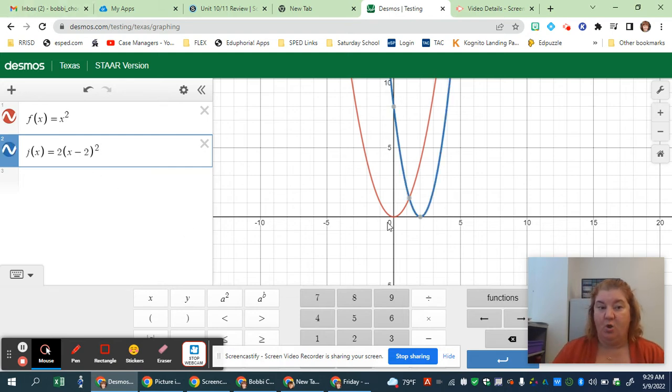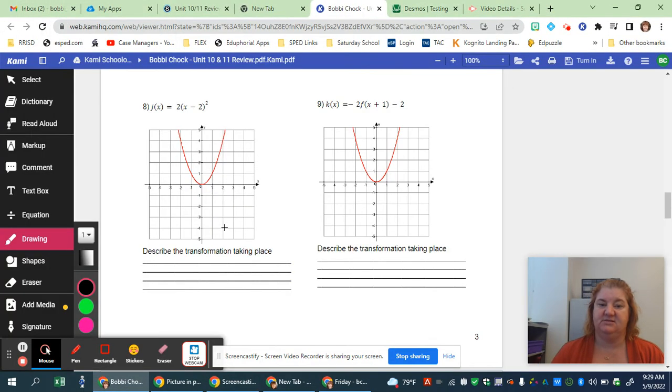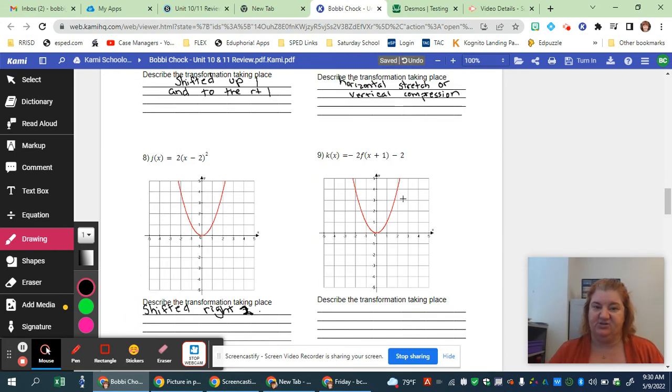So what happened? We didn't go up or down, did we? Nope. All we did was we went to the right 2. So that's what I would put. I would put shifted right 2. Put number. Okay.